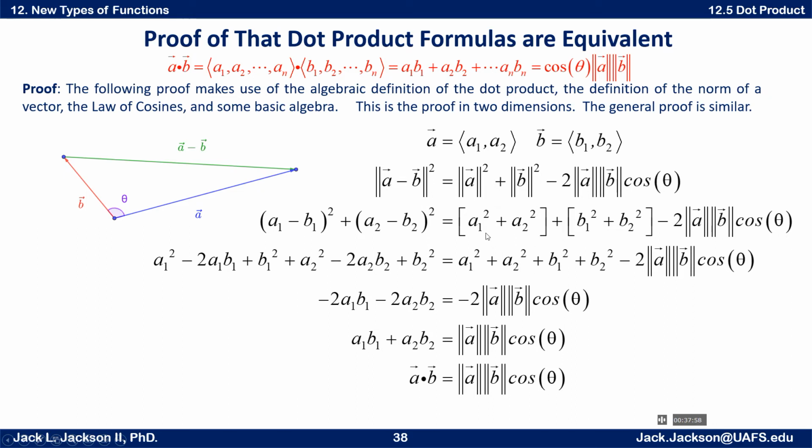Now, if you notice, I'm going to leave this side alone, just drop these brackets, grouping symbols. Over here, I'm going to square this out. So you could use the distributive property, FOIL, whatever. So you square the first term, A1 squared, square the last, it's plus B1 squared, and multiply to double it for the middle is negative 2 A1 B1. And similarly, this one's A2 squared minus 2 A2 B2 plus B2 squared.